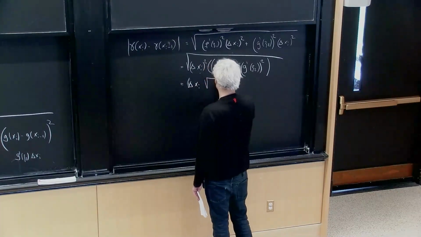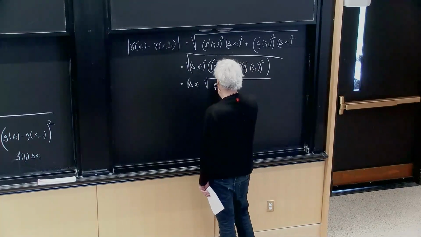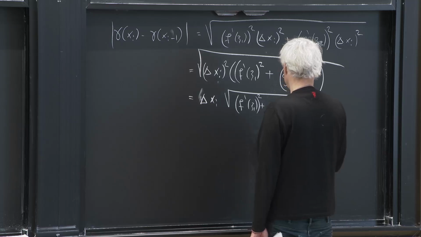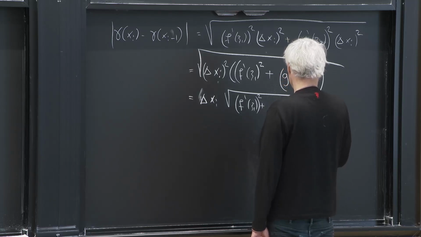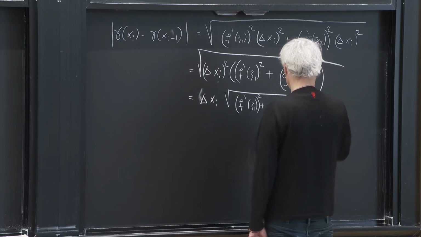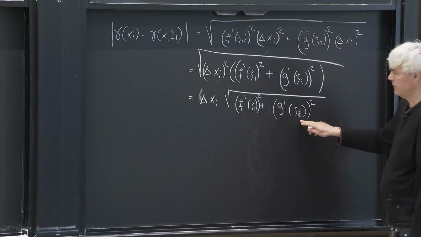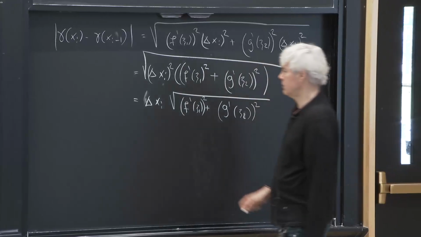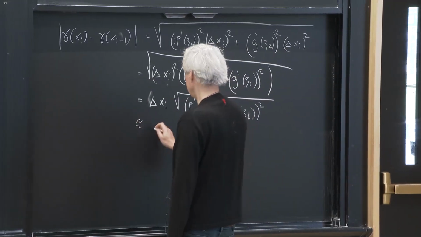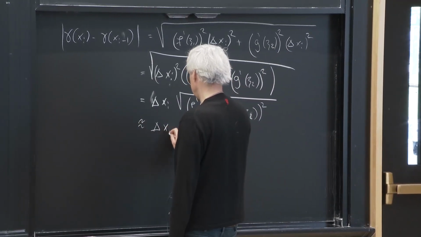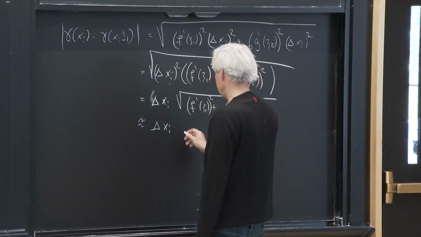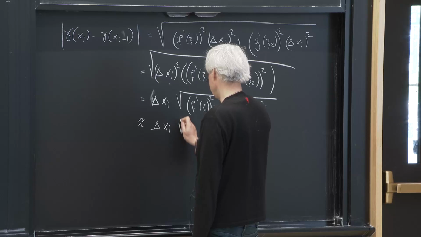So it becomes like this. And now the functions g prime and f prime are both continuous. So this thing here is roughly what it is at one of the endpoints, right? So this here is roughly equal to, like this, and then it's like one endpoint.